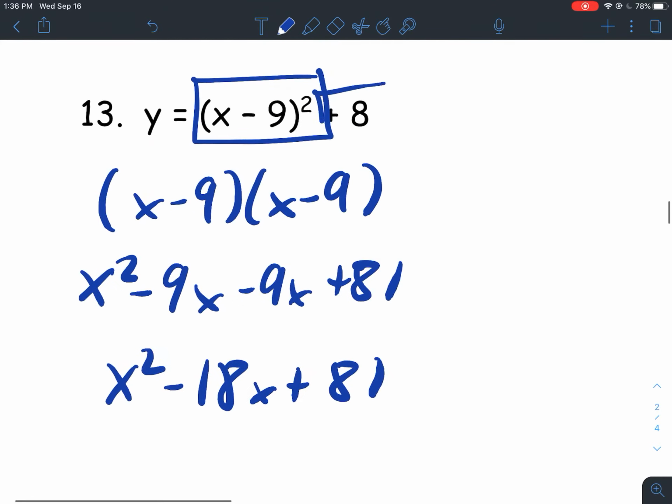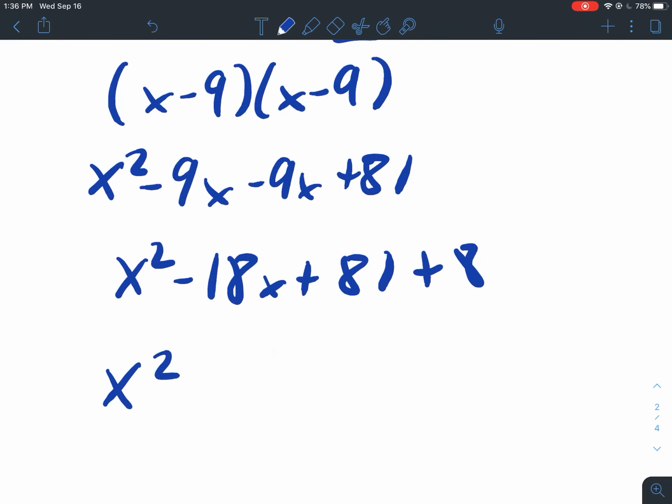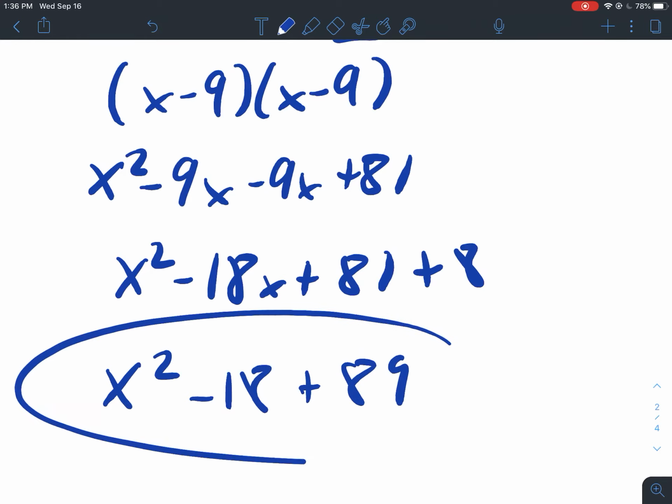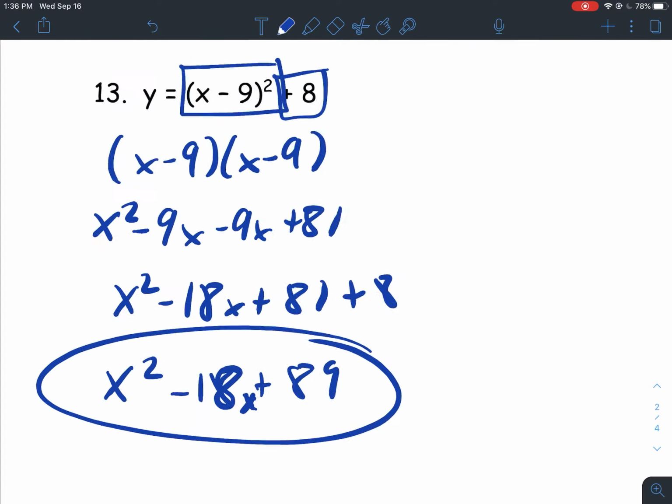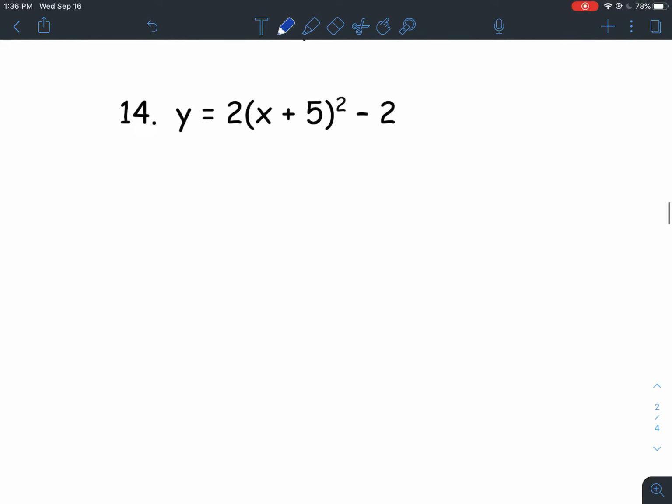And then we still got to bring down this plus 8. So we'll add 8. So we end up with x squared minus 18 plus 89. Sorry, my 8s are bad today. I'm sorry, 18x. I forgot my x. My bad, guys.